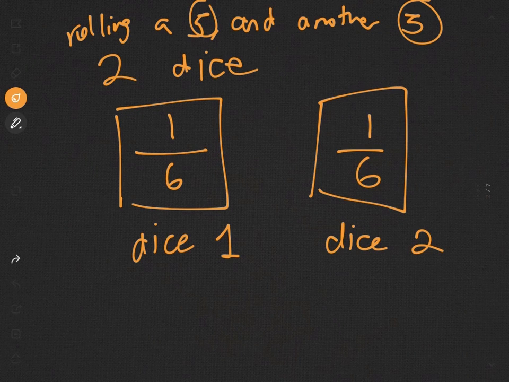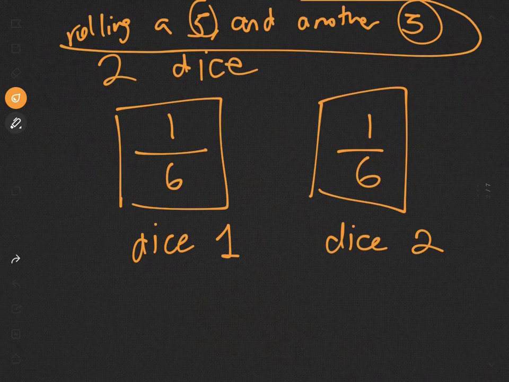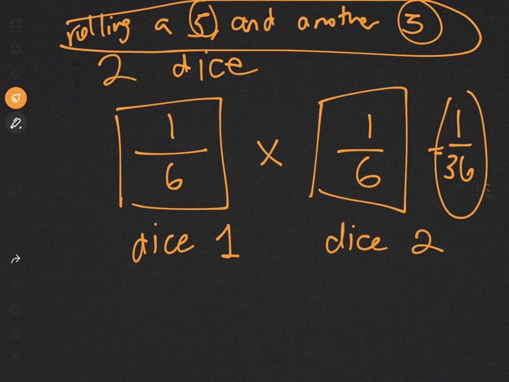But in order to find the probability of doing it both one after the other, you have to multiply, and you would get 1 out of 36. So 1 out of 36 is the probability of both dice being a 5. And I don't want you guys to just take my word for it.